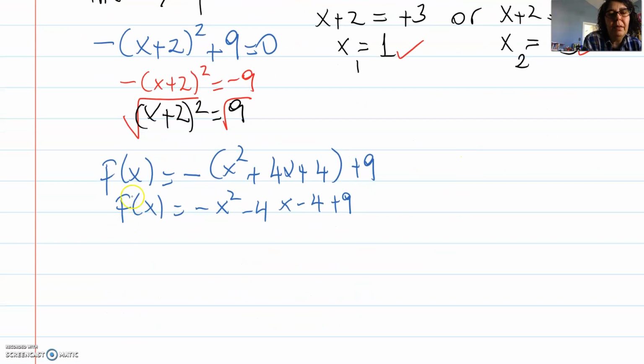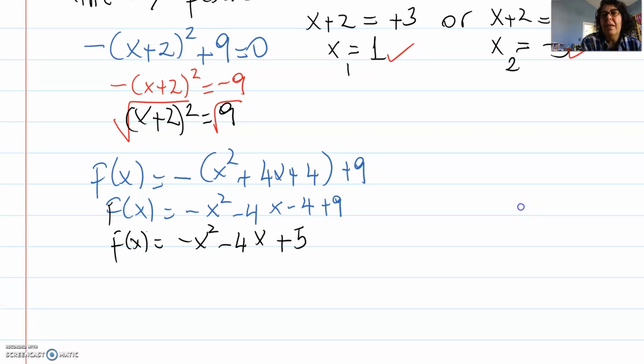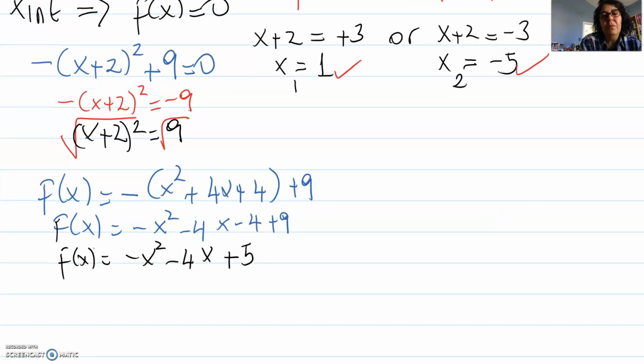And then clean up the terms: f of x is equal to negative x squared minus 4x plus 5. Okay. So you can apply the quadratic formula, you can apply the factoring skills. If factoring doesn't work, you need to apply the quadratic formula.